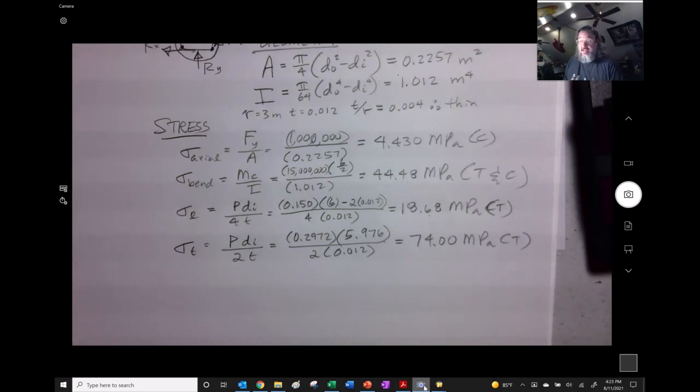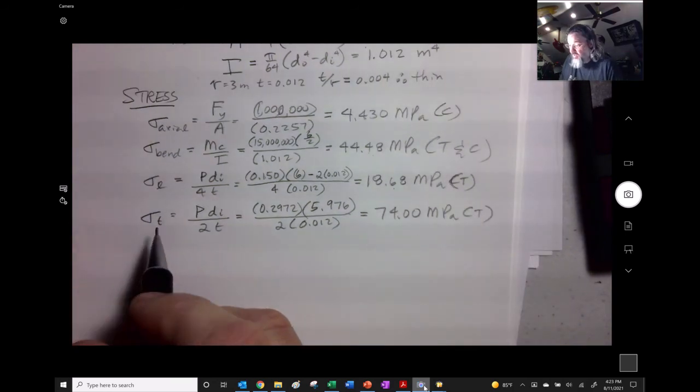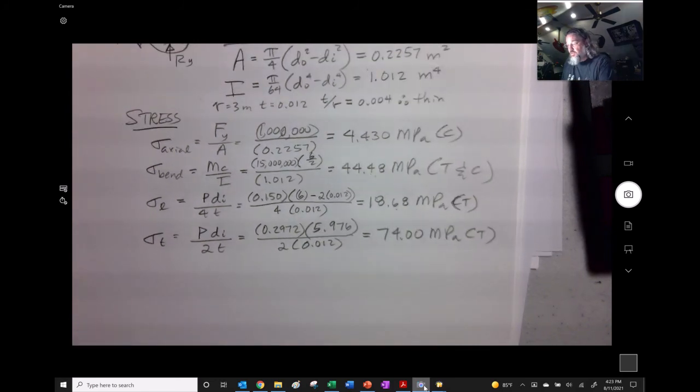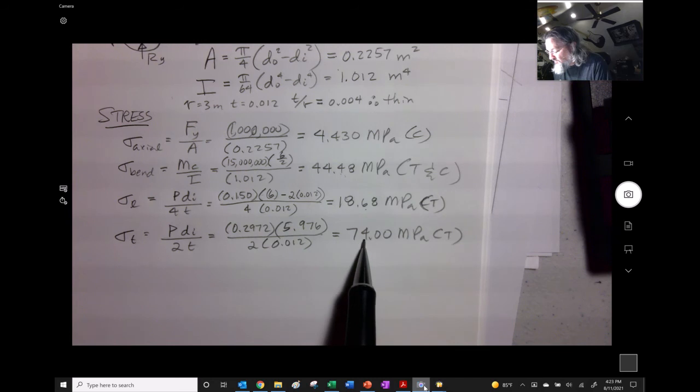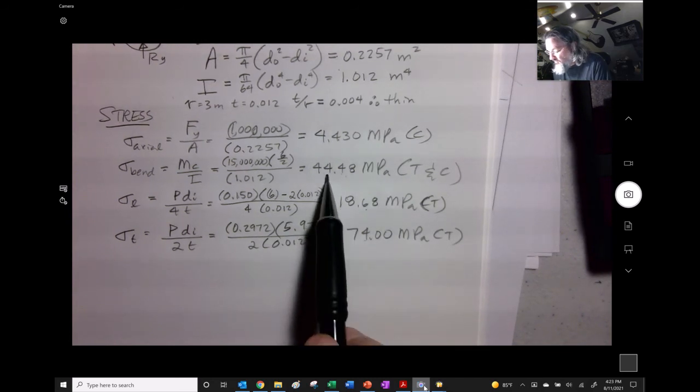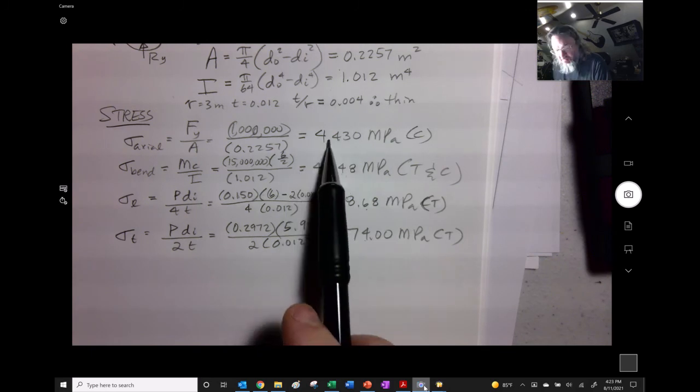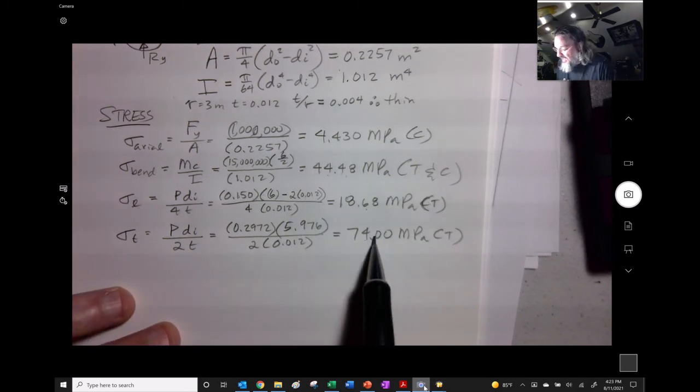So looking at a small element at the base of this pressure vessel, I think the worst thing that is going to happen is we're going to have 74 in tension and 44 in tension, and then this in compression. So it makes sense that we're going to add these two together.